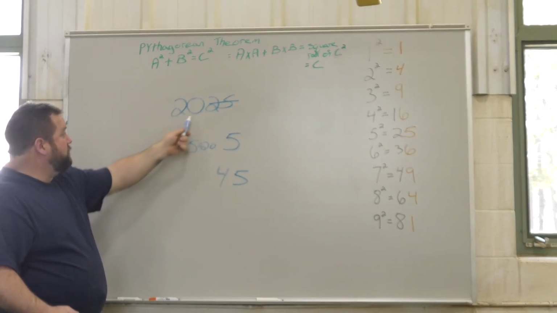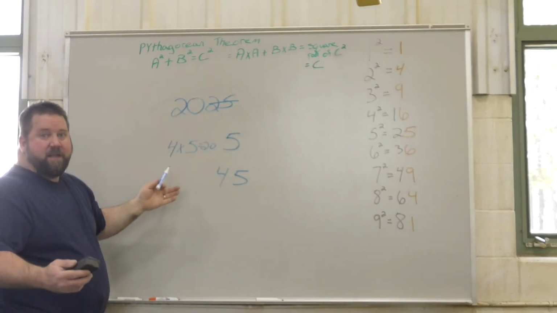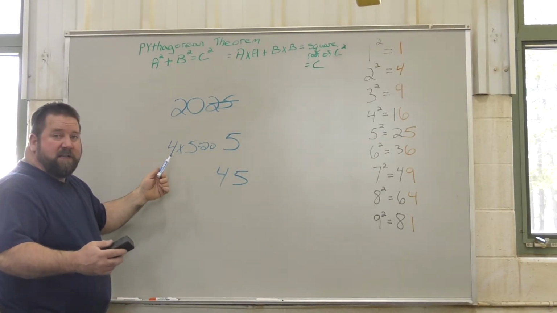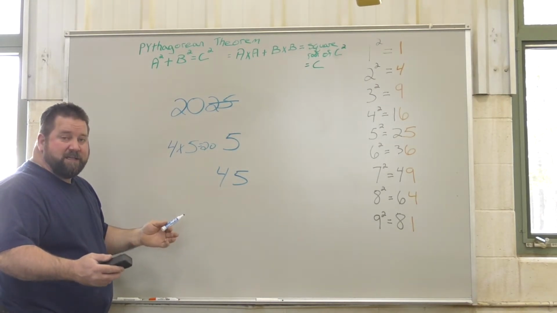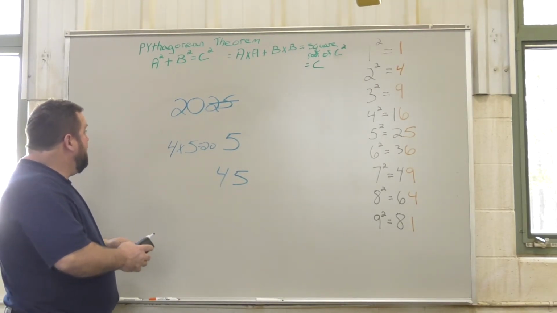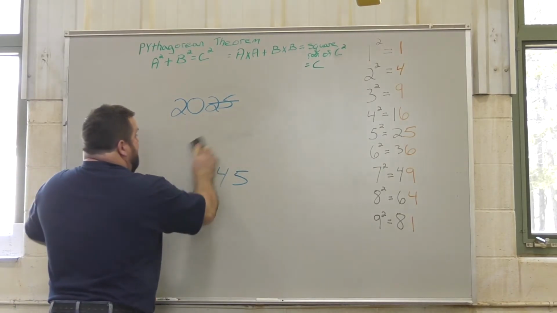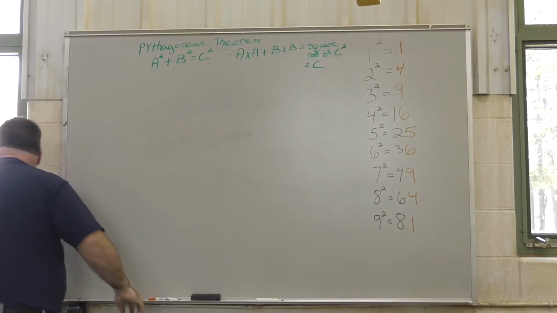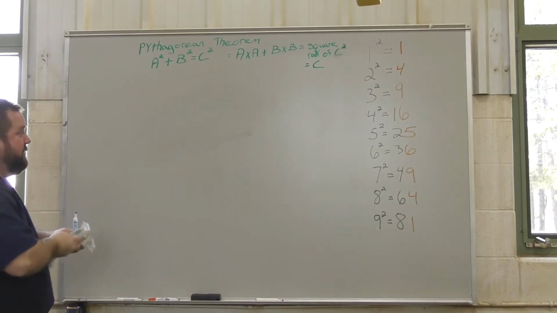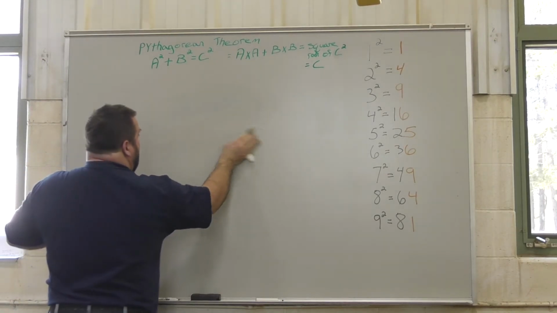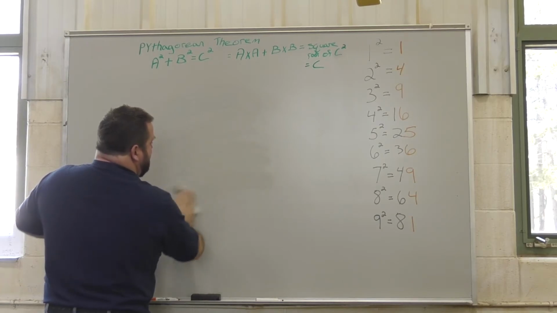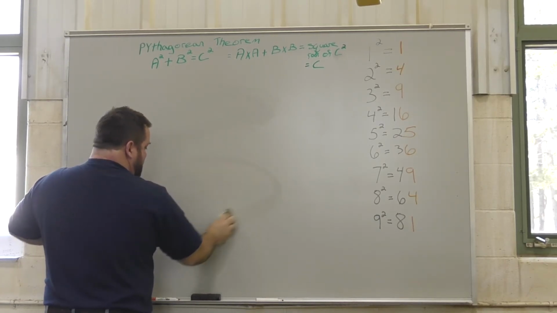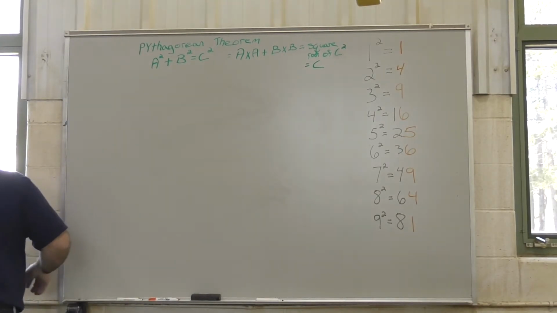That's larger than the 20, so it can't be 5. It has to be less than, but as close to less than as you can. You also could not have used 3, because 3 squared is 9, and 9 is too small. So it has to be the closest square root number that you can use that gets to that number.